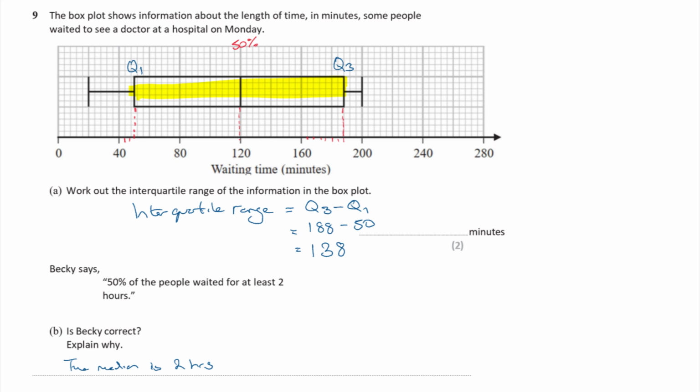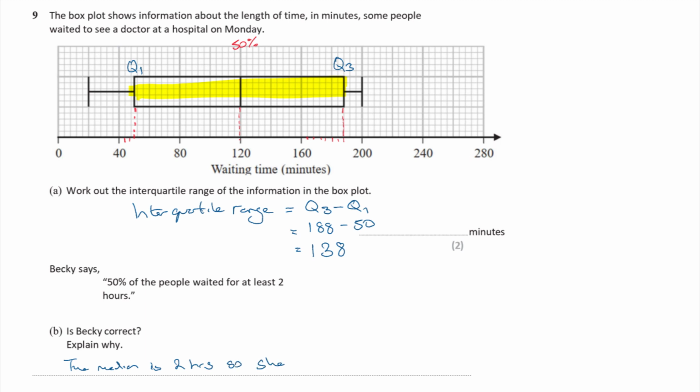Everyone to the left of the median waited 2 hours or less. So I think she's right, because if the median person is at 50%, that means 50% of the people are to the right of that, and that means 50% must have waited for at least 2 hours. So the median is at 2 hours, so she's correct.